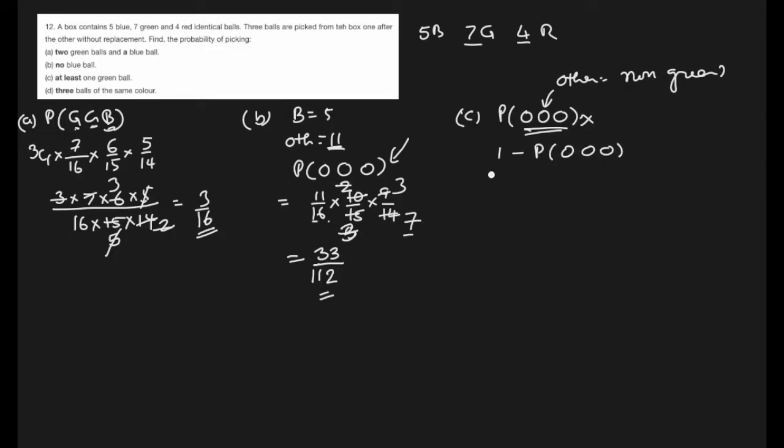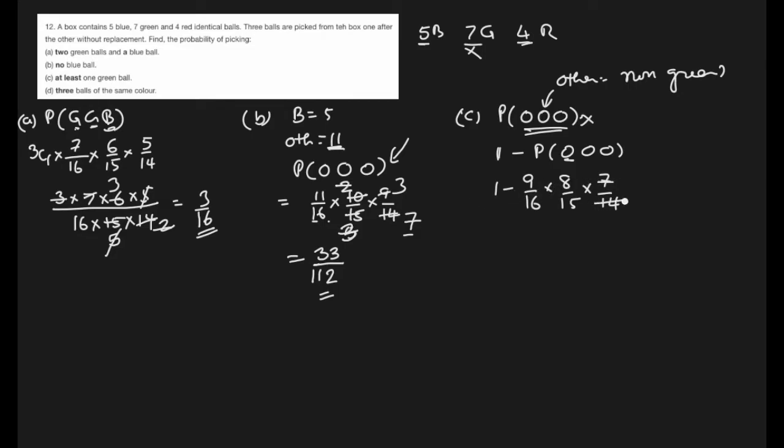This will ensure that we get at least one green ball. So 1 minus, what is the probability of other than green? So green, these 7 are gone. So 5 plus 4, 9 are the ones. So 9 out of 16 times 8 out of 15 times 7 out of 14. These are the cases we don't want, and it will ensure that we get at least one green ball.